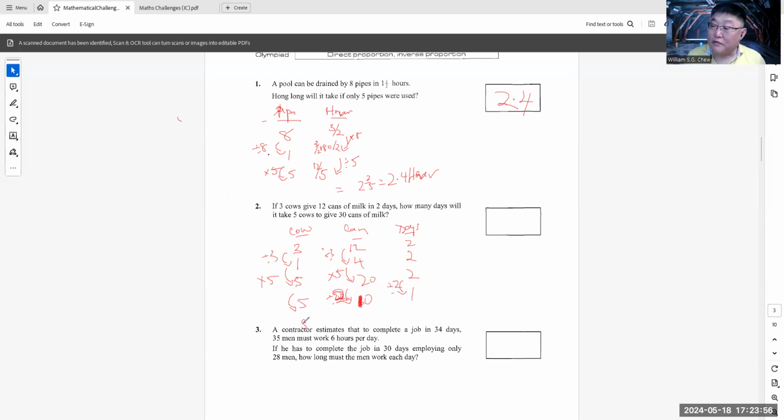To get 30 cans from 5 cows, from 10 to 30 is times 3. So this will also times 3. So 1 times 3 is 3. So I get 3 days. Okay.